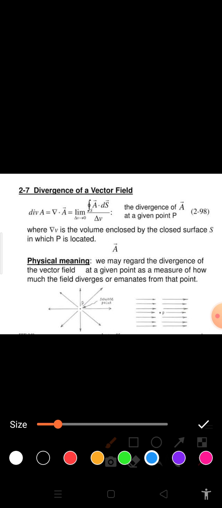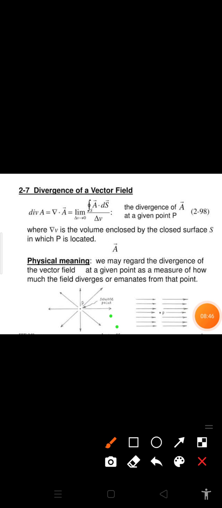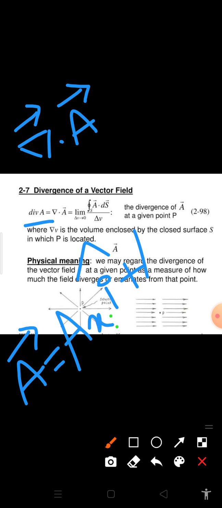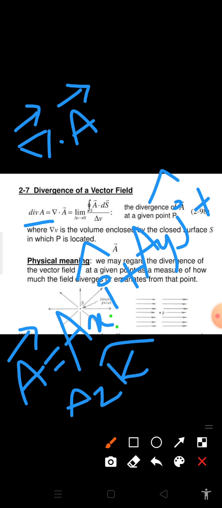Now it can be written as div A equals del bar dot A bar. Already you know the value of del bar, so substitute it. The vector A is Ax i cap plus Ay j cap plus Az k cap, and del bar is i ∂/∂x plus j ∂/∂y plus k ∂/∂z. Then take the dot product of these two vectors.